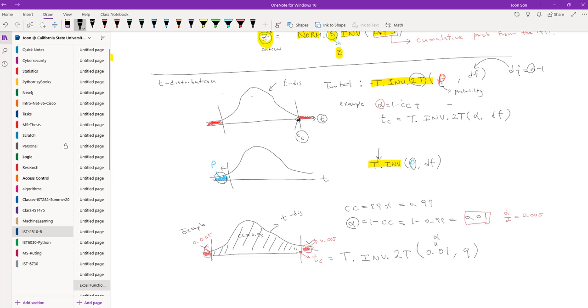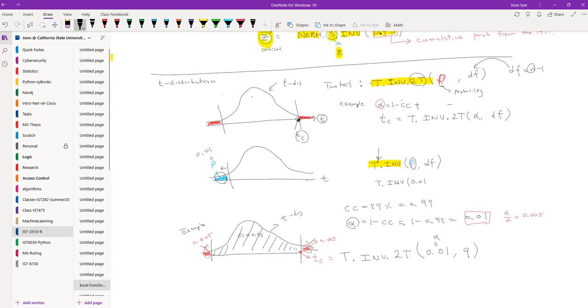So this blue area, if it is, let's say, 0.1, which is 10%, then you have to put 0.1. And if this p is, for example, 1%, meaning 0.01, then you have to use T.INV and then 0.01.